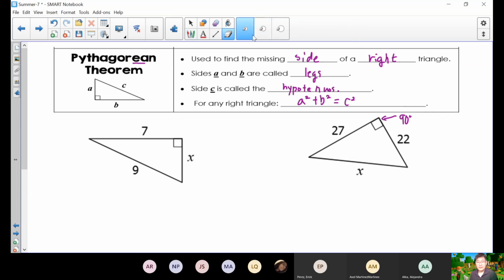I figured it out. Hypotenuse. Yes. Hypotenuse. Hypotenuse. So here, this is the hypotenuse, right? This is the hypotenuse.